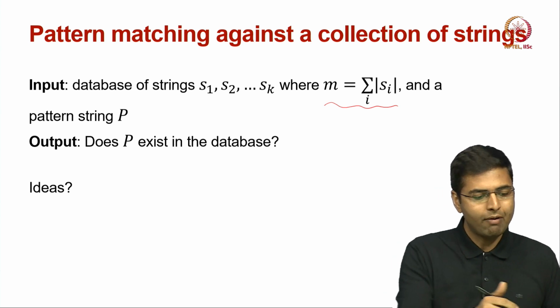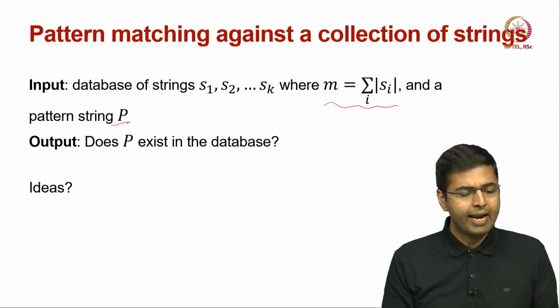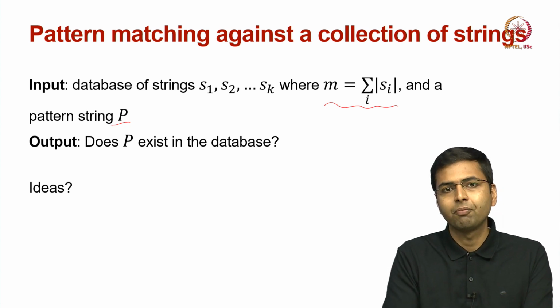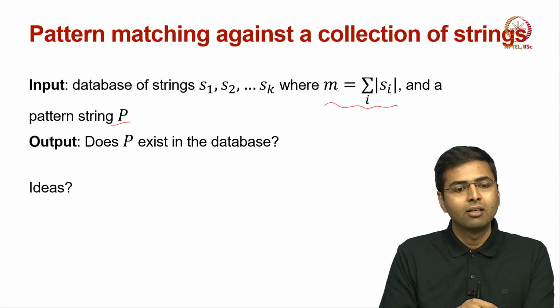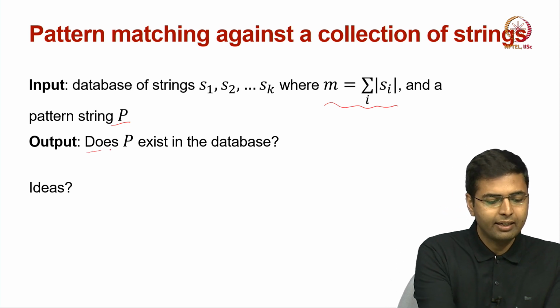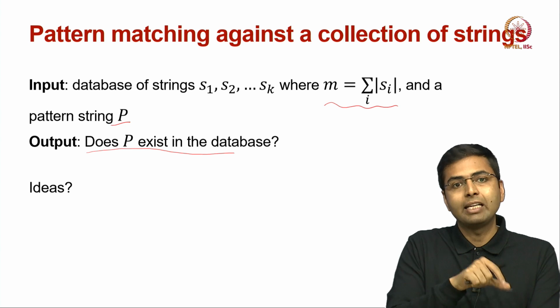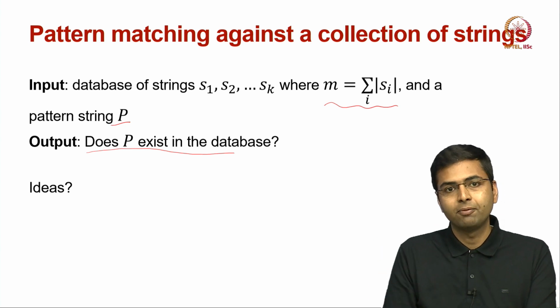Along with that you have a pattern string P, and the question is simple: does P exist as a substring in the database or not? Like we were doing exact pattern matching, we are asking, does pattern P occur anywhere in any of the strings S1 until Sk or not?